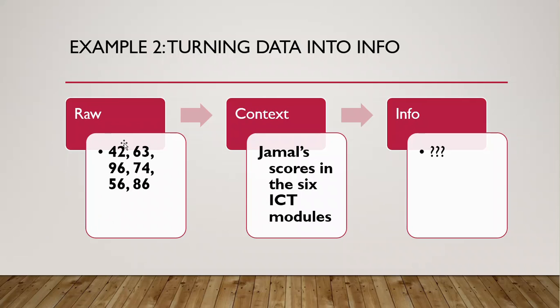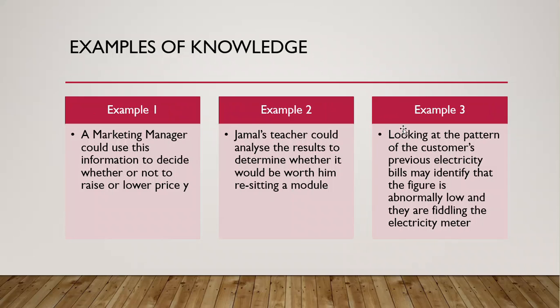Based on this raw data with this context, certain info can be derived by the teacher. And also the third example, looking at the pattern of the customer's previous electricity bills may identify that the figure is abnormally low and they are fiddling the electricity meter.